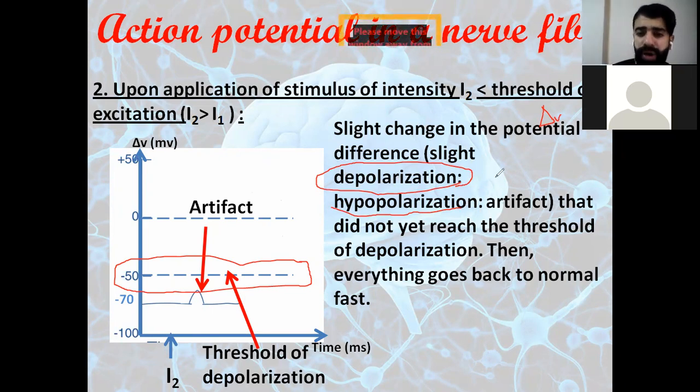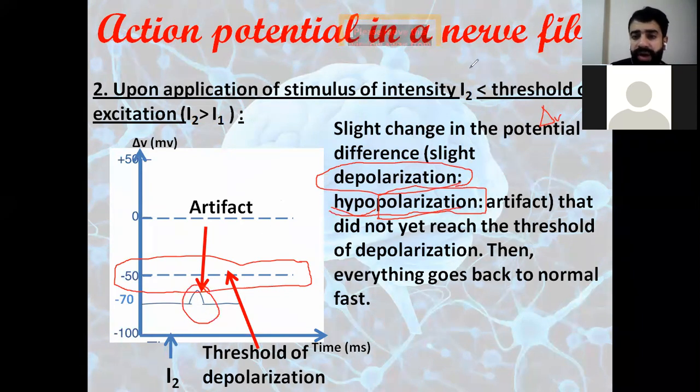So hypopolarization, you have to keep it in mind. Polarization is negativity, and hypopolarization is a decrease in the negativity. What does a decrease in the negativity mean? It's moving toward the positive. So here we have hypopolarization, which is called the artifact.